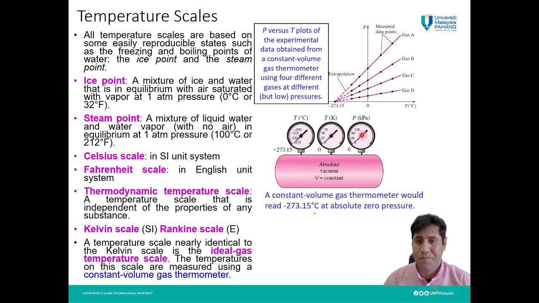You can see here pressure is 0, the lowest pressure we have, which we call absolute vacuum, and volume is constant, then the temperature for that will be negative 273.15 degrees Celsius, which is equal to 0 Kelvin, actually, not degree, 0 Kelvin.